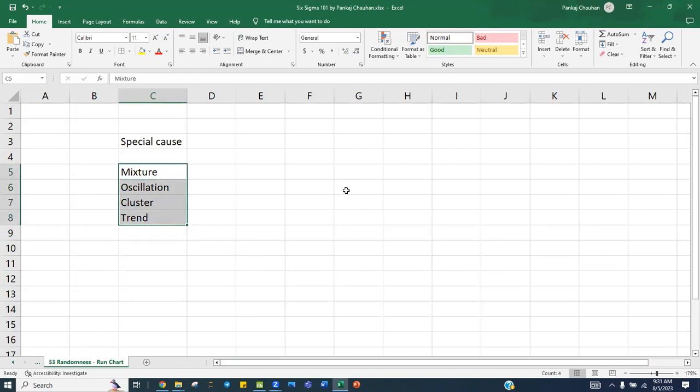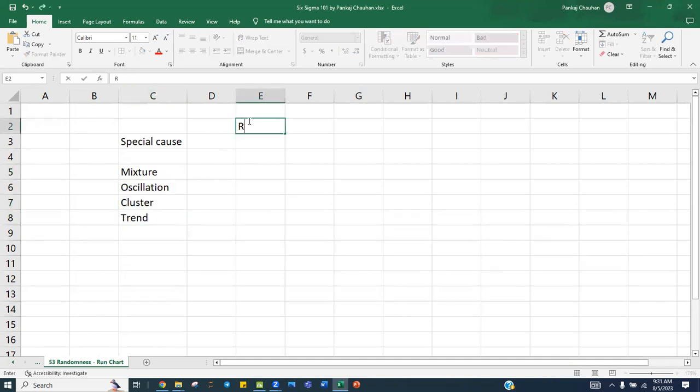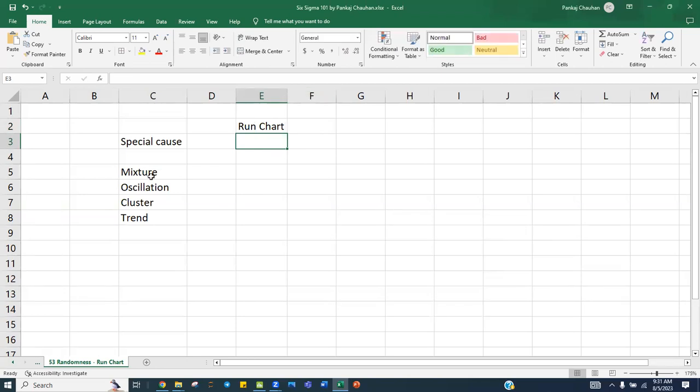So to check the randomness of the data, we run the run chart in Minitab, and the run chart will give you the p-value of all of these 4 properties. So data is completely random when the p-values of mixture, oscillation, cluster, and trend, all 4, are greater than 0.05.